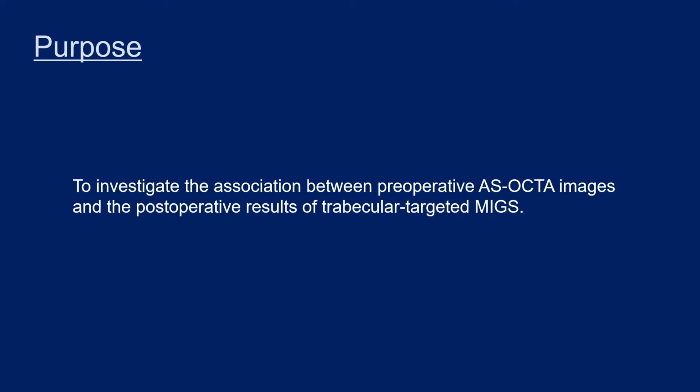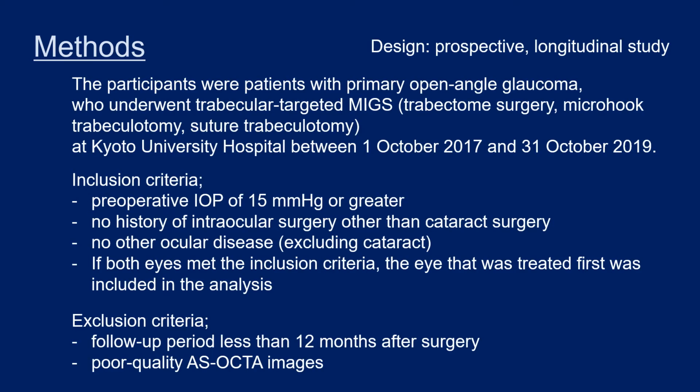The purpose is to investigate the association between preoperative AS-OCTA images and the postoperative results of trabecular-targeted MIGS. The participants were patients with primary open-angle glaucoma or preperimetric glaucoma who underwent MIGS such as trabectome surgery, microhook trabeculotomy, or suture trabeculotomy.